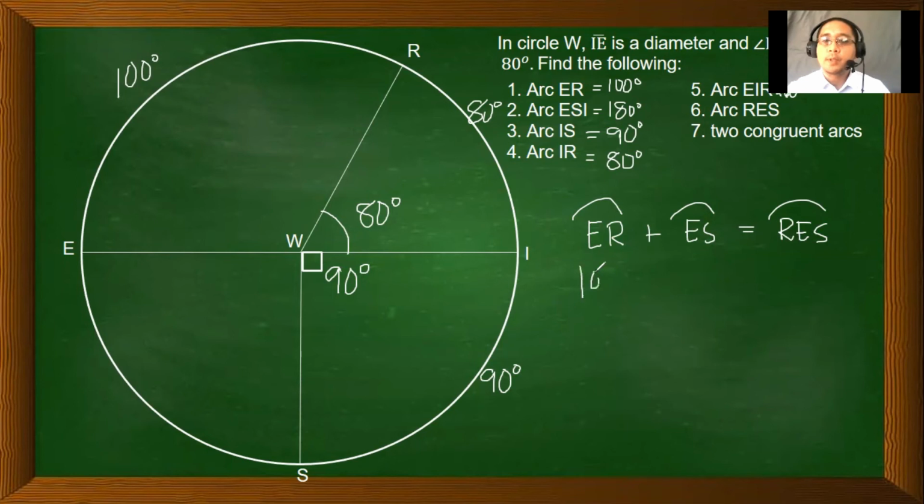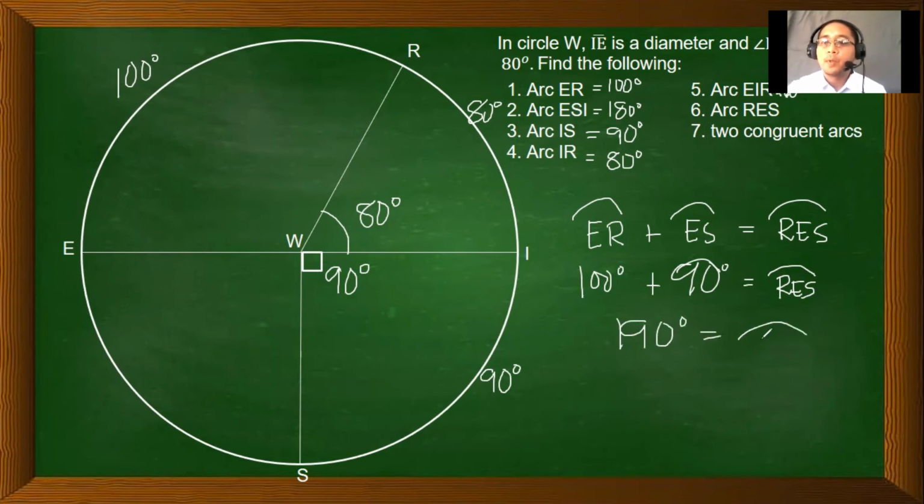So all we need to do is substitute the measurement of arc ER and arc ES, which is 90 degrees. If you add the two measurements of the given arcs, we will get the measurement of the arc, which is 190 degrees.